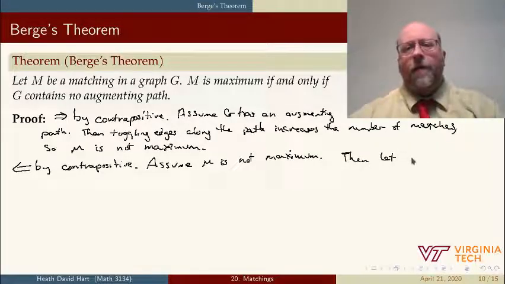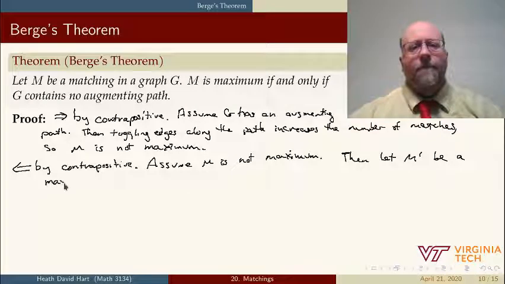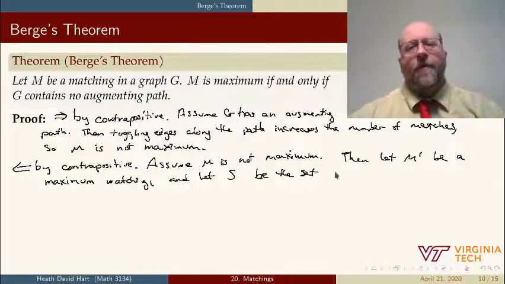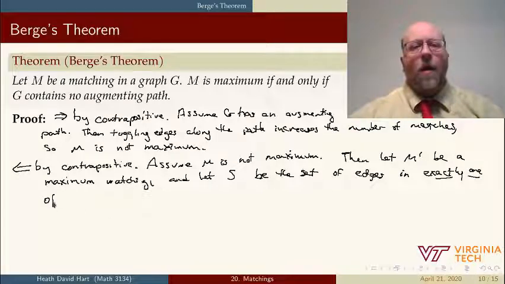So we'll call this one M prime, a maximum matching. And let S be the set of edges in exactly one of M and M prime.